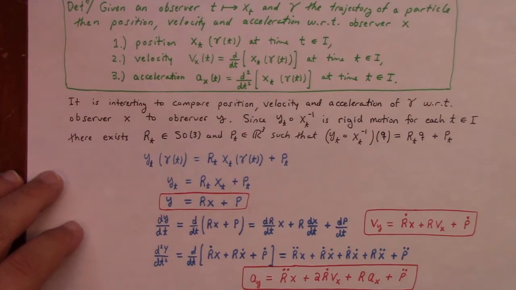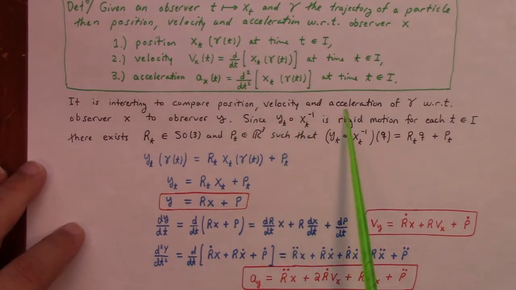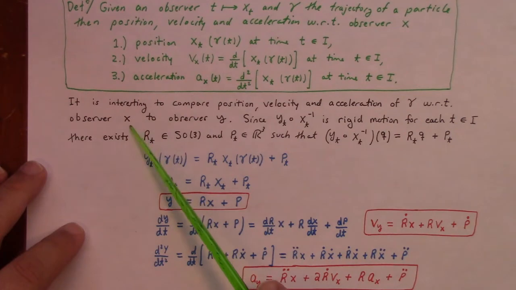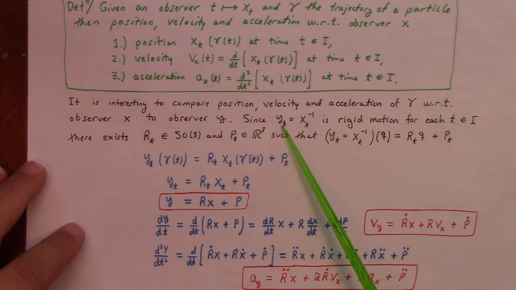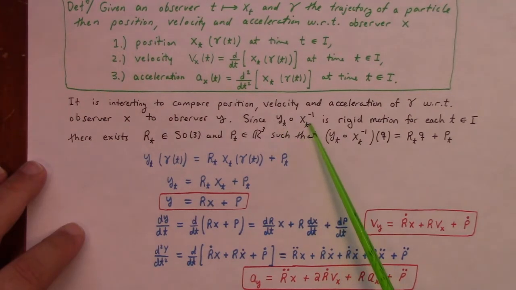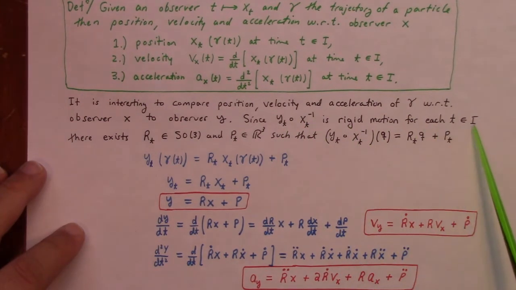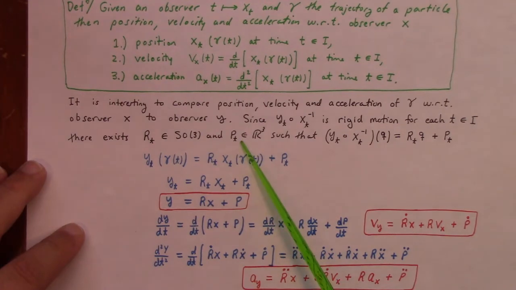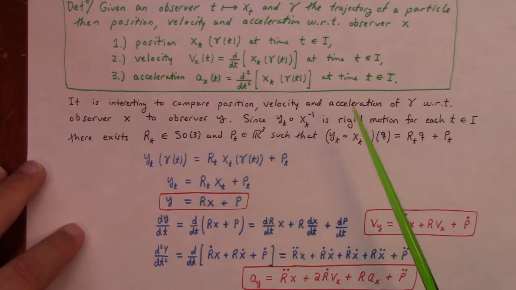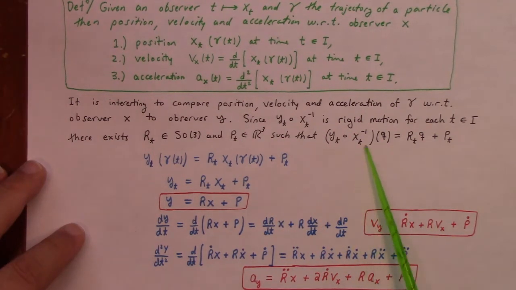So we can compare position, velocity, and acceleration of a trajectory with respect to an observer x versus an observer y, right? Now, since y composed with x inverse is a rigid motion for each time, that means that there exists a rotation at each time and a translation at each time, such that we can write the rigid motion as the multiplication of the rotation and the translation like that.